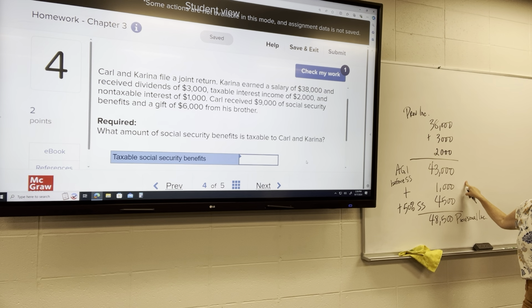If you just think about the tax form and what you arrive at for AGI, those dividends would be included in that.